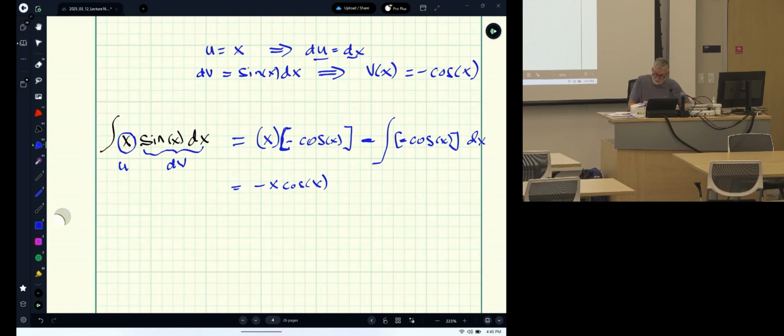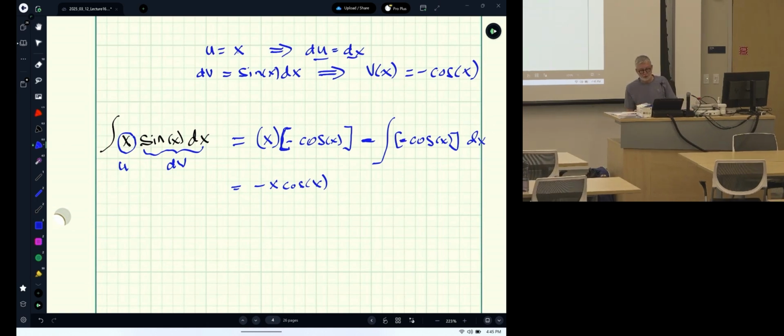There are two minus signs here. The antiderivative of cosine is sine, so then we get plus sine of x. Then, in theory, we should always add in our arbitrary constant c.